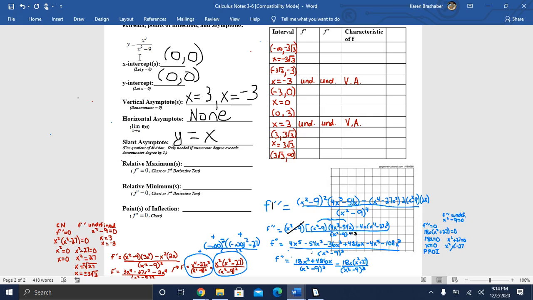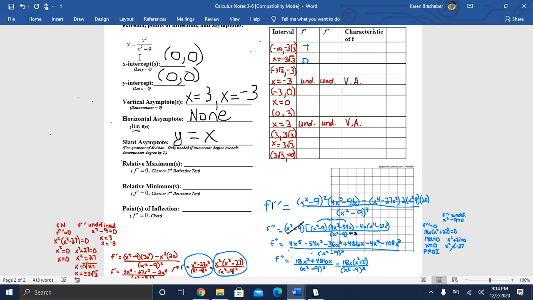So that whole expression is positive. So I don't need to know the numerical value. I just need to reason through, is that going to be positive or negative? So I have a positive number for f prime in the interval from negative infinity to negative 3 square root 3. And then because this was a critical number, I know my f prime was a 0.